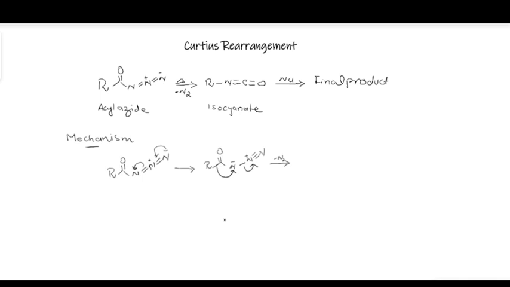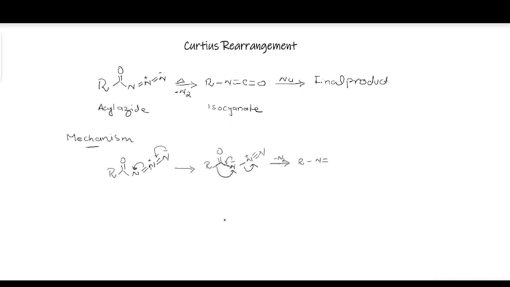So we have a new bond formation, that is the bond between the R group and the nitrogen, and as a result this negative charge is then shifted between carbon and nitrogen, because when this R group migrates, it takes the bonded pair along with it, so the carbonyl carbon gets electron deficient, and as a result these two electrons can be shared between carbon and nitrogen.